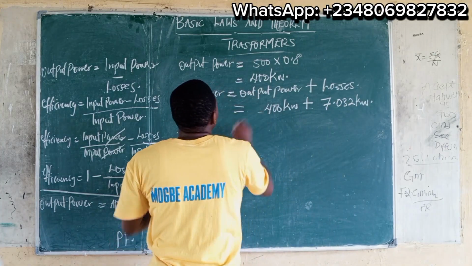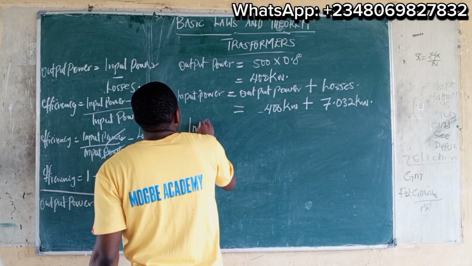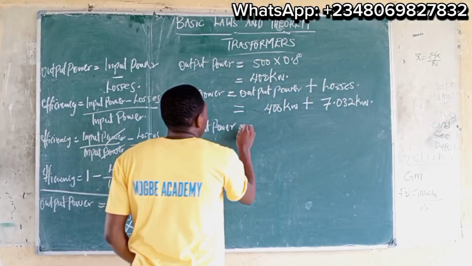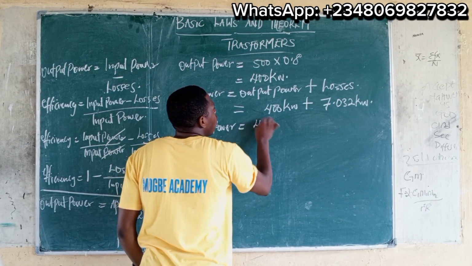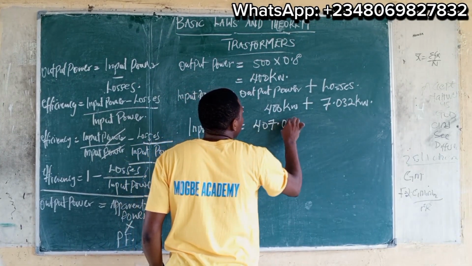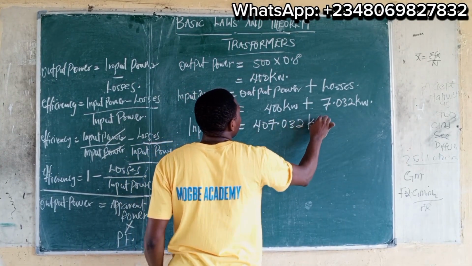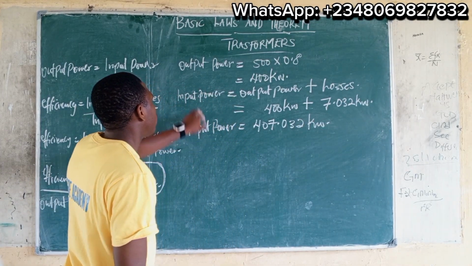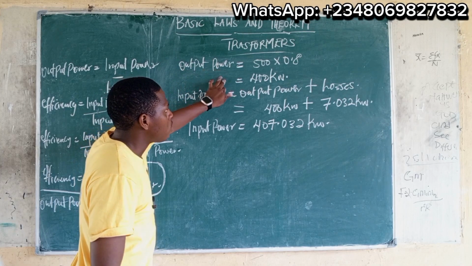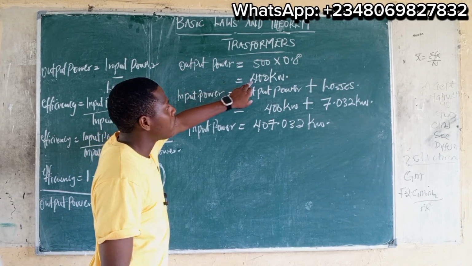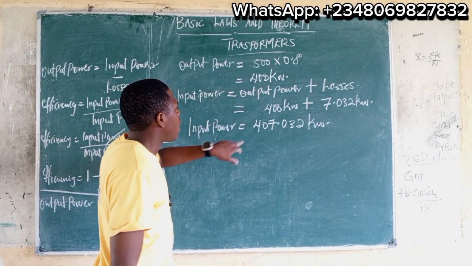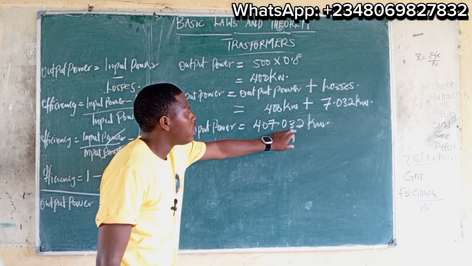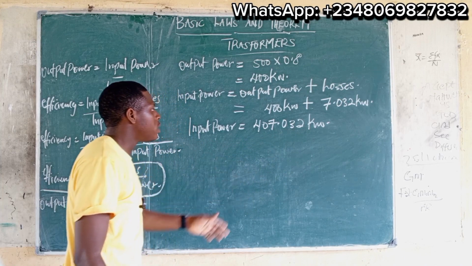So if we add these two together, we have our input power to be 407.032 kilowatts. We've calculated our output power, 400 kilowatts, and our input power, 407.032 kilowatts.